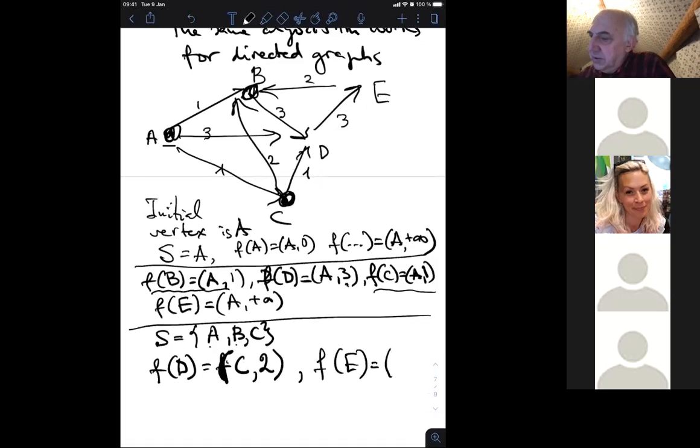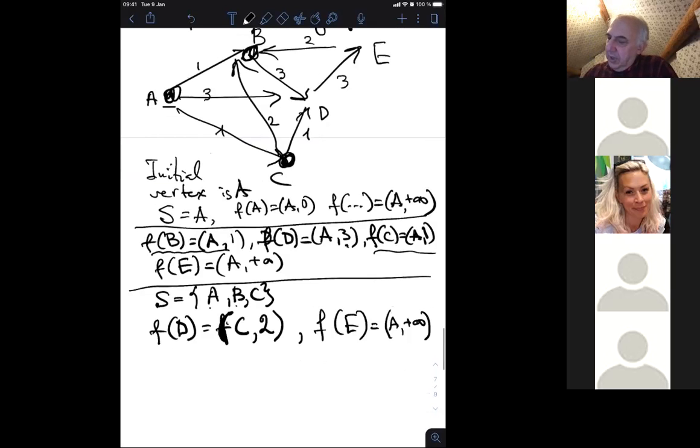So E is still not connected to the set A, B, C. It still has the same label A and plus infinity for the time being.